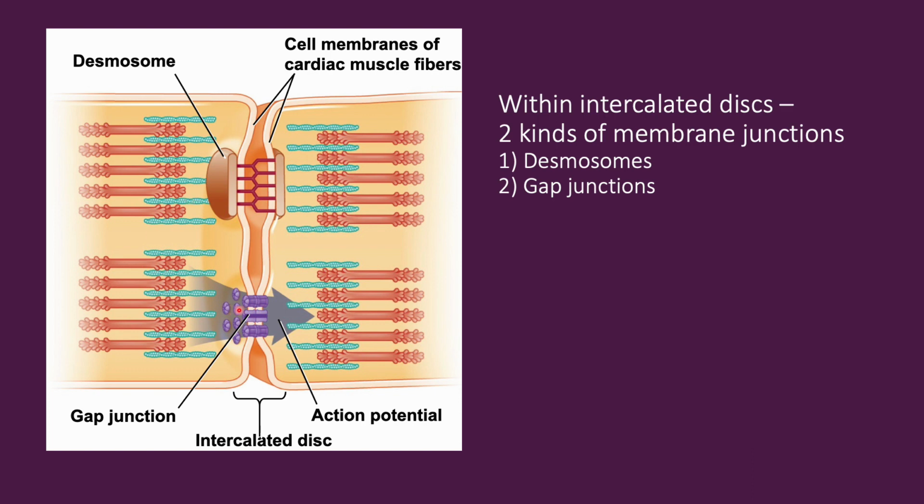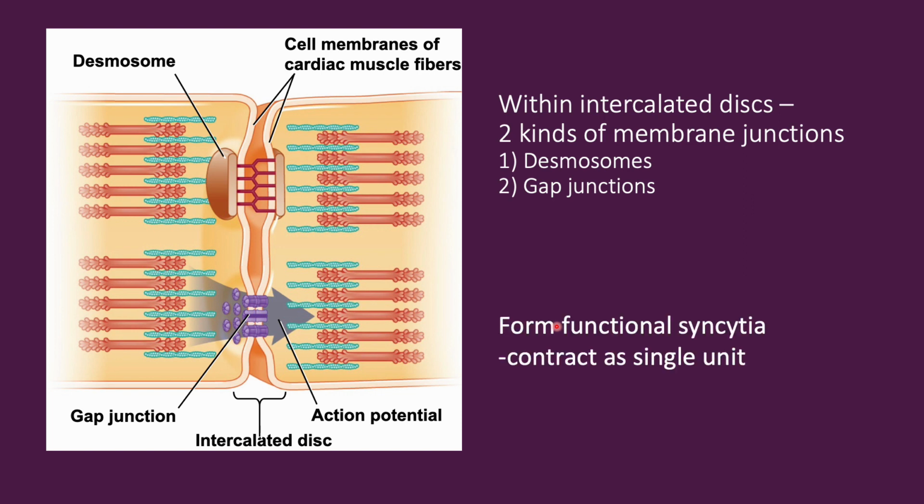Now, the other type of membrane junction that's going to be important for these cells is those gap junctions we talked about last semester. Gap junctions allow action potentials to spread from one cell to other connected cells, right? This is very important, and it allows the cardiac tissue to act as a functional syncytium.